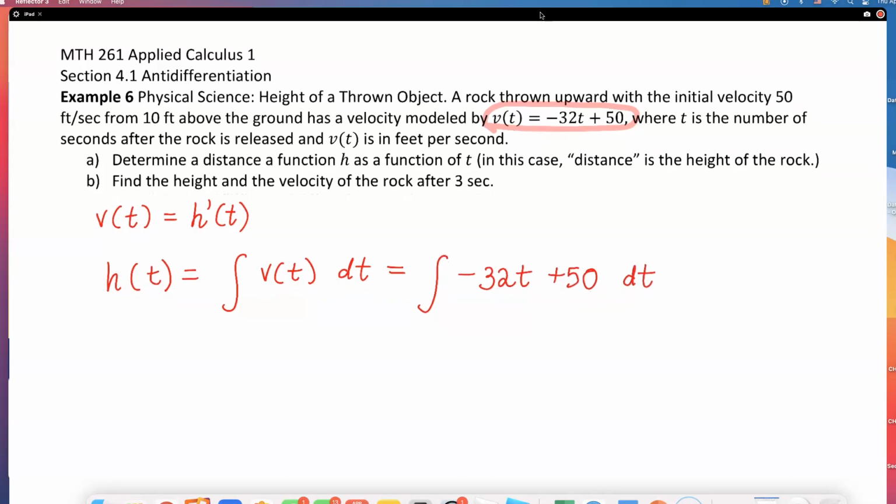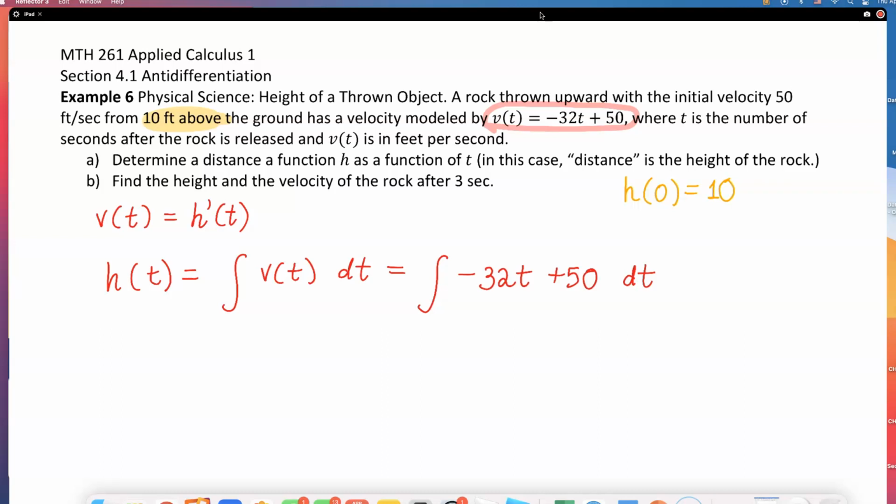And of course, we're going to have to write down the plus c, but I think they just gave us a little clue here. They did mention 10 feet above the ground is where it was in the beginning. So after finding the antiderivative, I'll use the fact that h of 0, at time 0, it was already 10 feet above the ground.